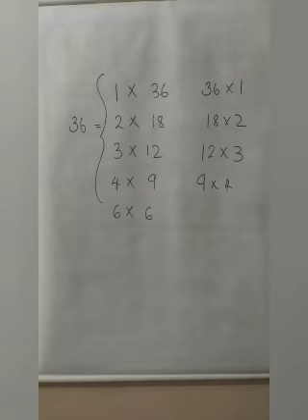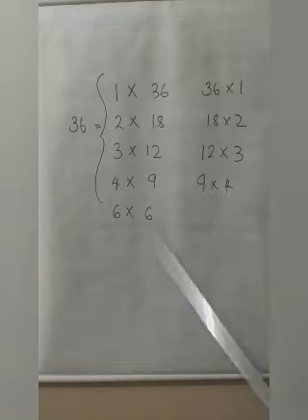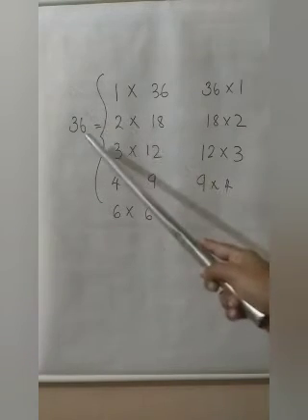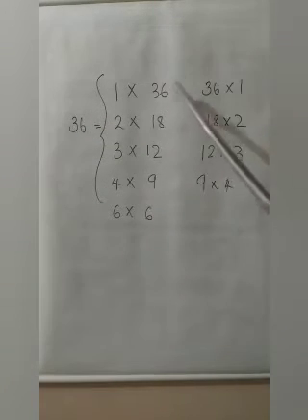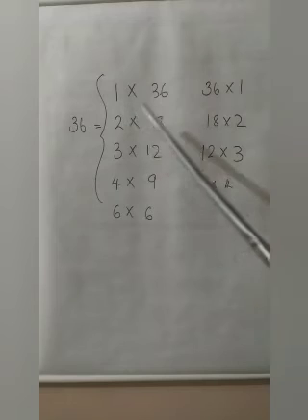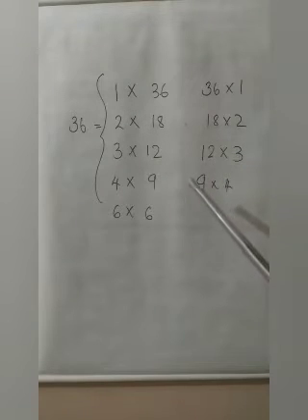So these are the factors of 36. That means we are expressing 36 as a product of two numbers. This is known as factorization. I am factorizing 36 as 1 into 36, that is a factorization. 2 into 18, that is also a factorization.